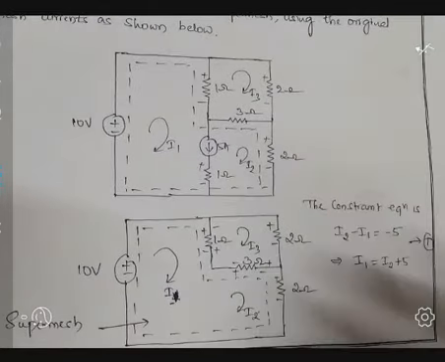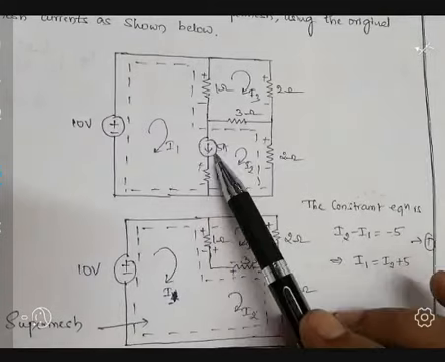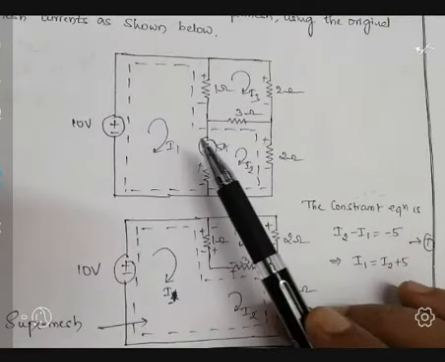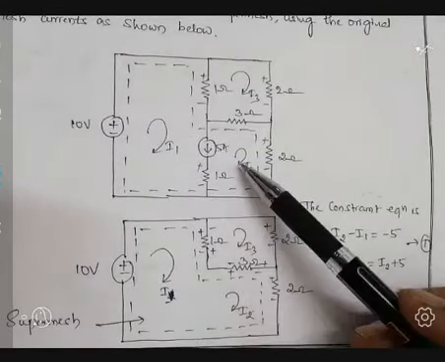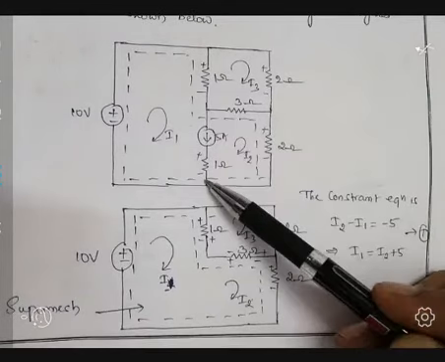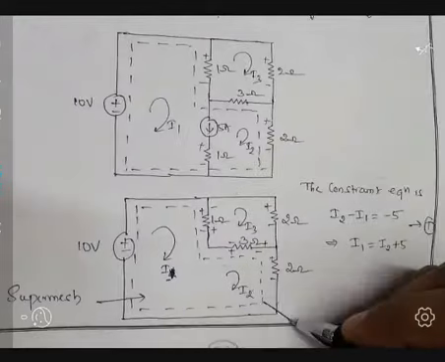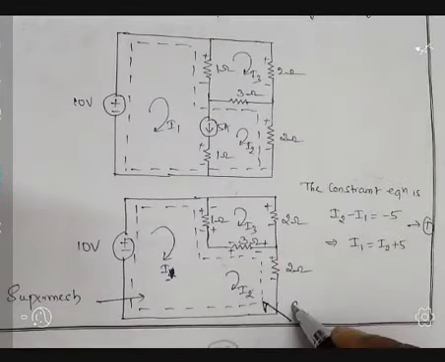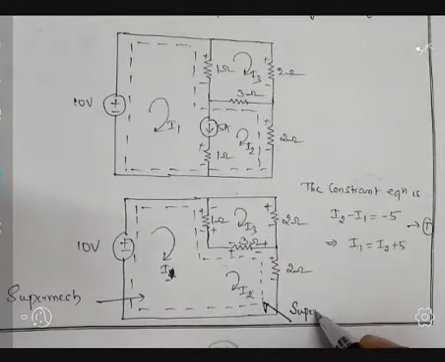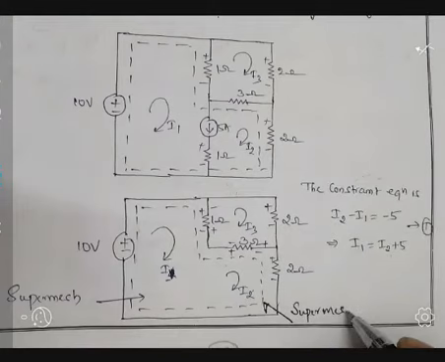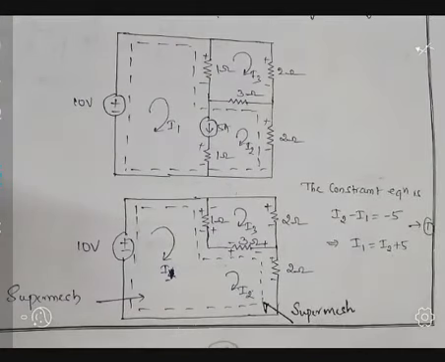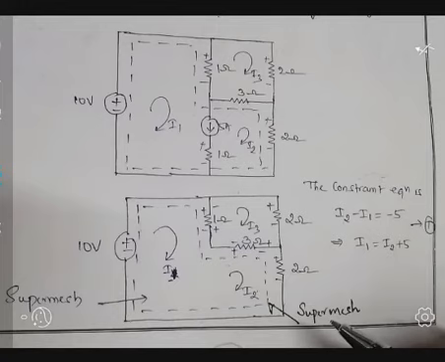This is the given network. In this network, the 5 ampere current source is present. I am going to eliminate this branch. After eliminating, we get the network like this. This is nothing but the super mesh. The dotted line will indicate the super mesh.